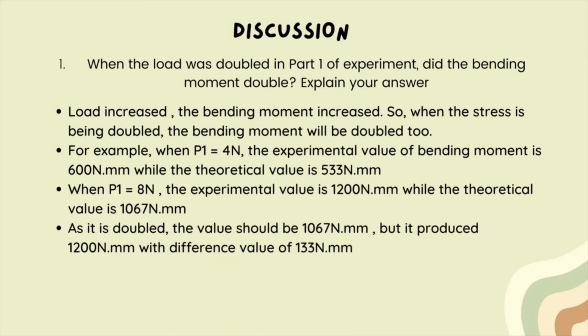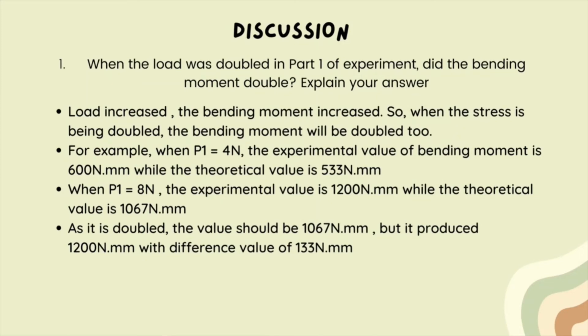I will present about the discussion. So for 1, when the load was doubled in part 1 of the experiment, did the bending moment double? Explain your answer. So the answer is, when the load increases, the bending moment increases. So when the load is doubled, the bending moment will be doubled too. For example, when P1 equal to 4N, the experimental value of bending moment is 600, while the theoretical value is 533.